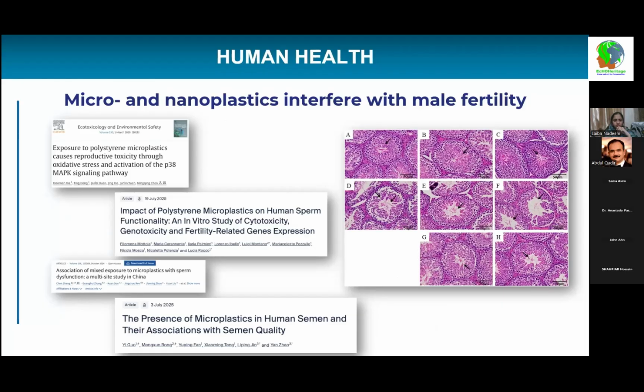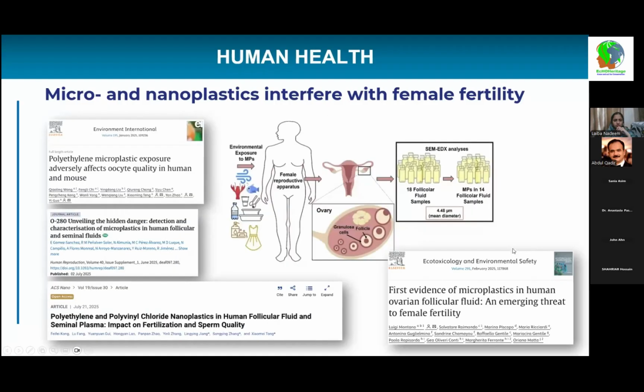A study from China detected micro and nanoplastics in 100% of semen samples analyzed. In women, these particles have also been detected in ovarian follicular fluid in 14 out of 18 women, with concentrations of over 2,000 particles per milliliter. That demonstrates that both sperm and developing eggs can be directly exposed to plastic particles.